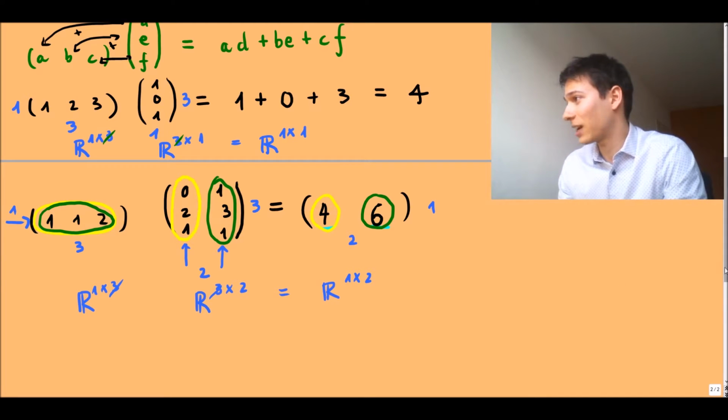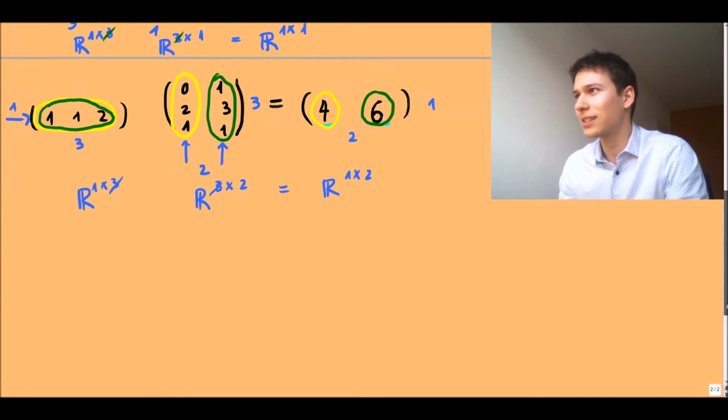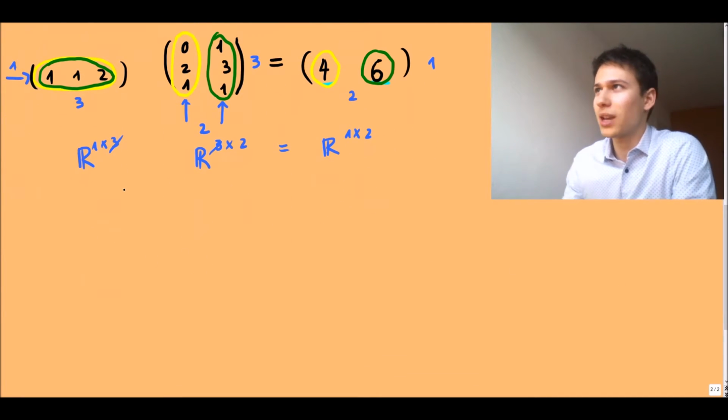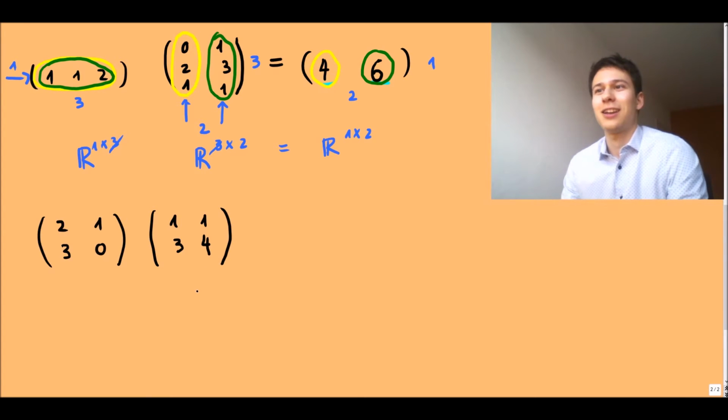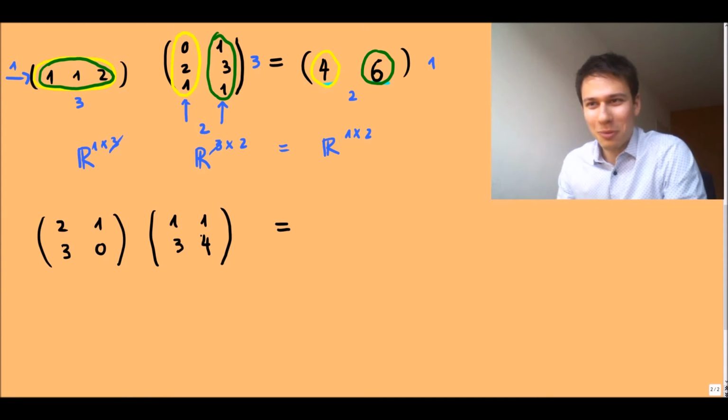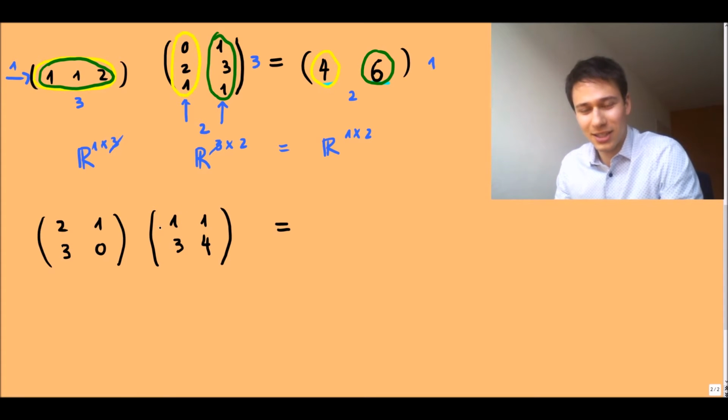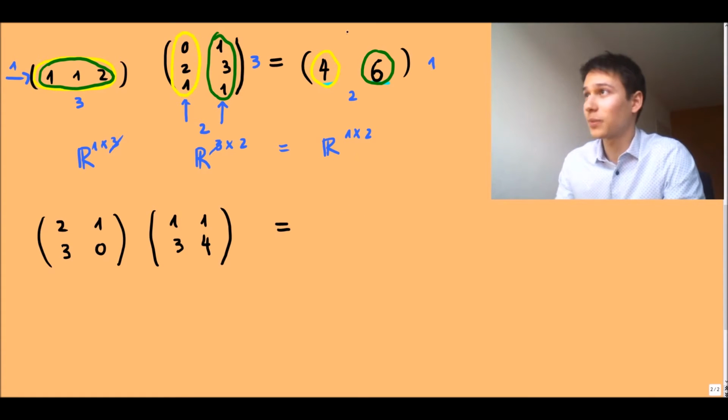Now let's look at an even more complicated example. Suppose we have the matrix 2, 1, 3, 0 times the matrix 1, 1, 3, 4. Then, if you multiply 2 square matrices together, what you get back is again a square matrix, namely of the same dimension.